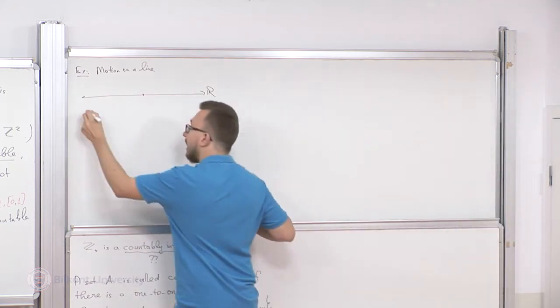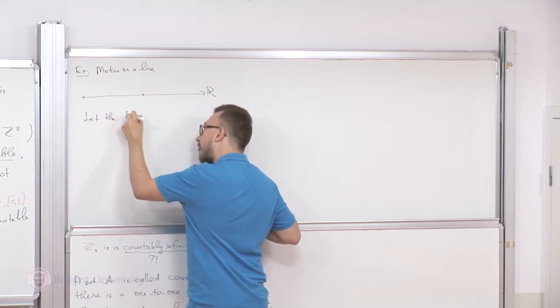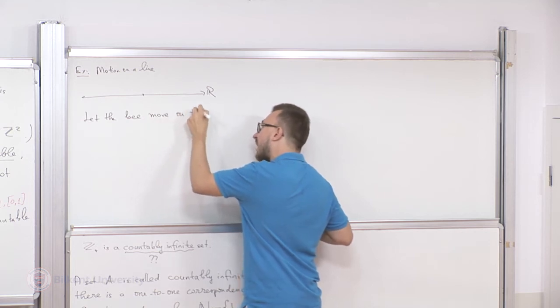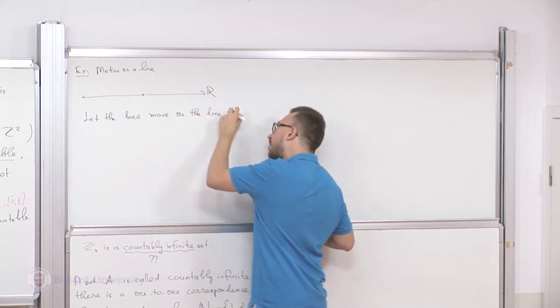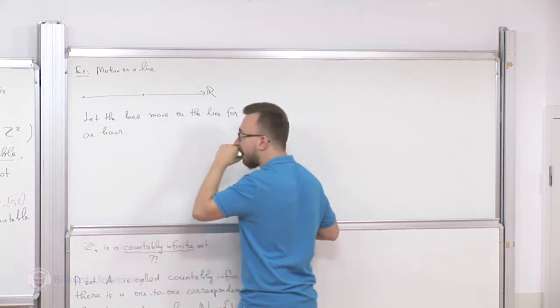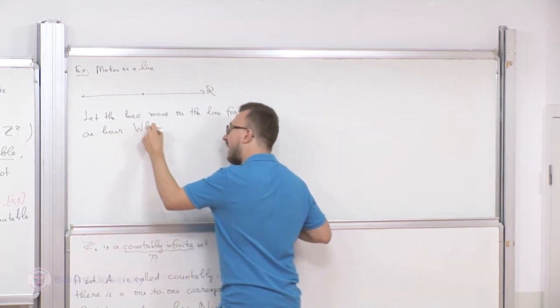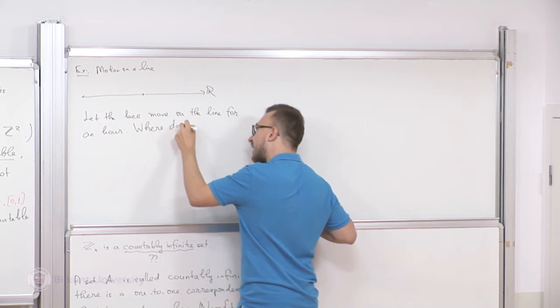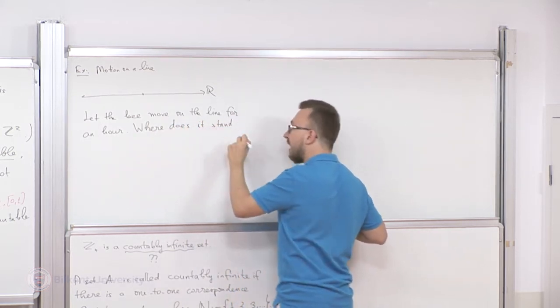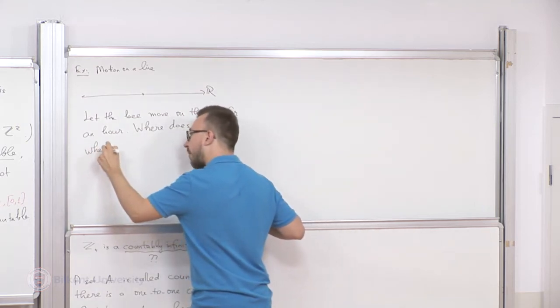So let the bee move on the line for an hour. So where does it stand when you're back?